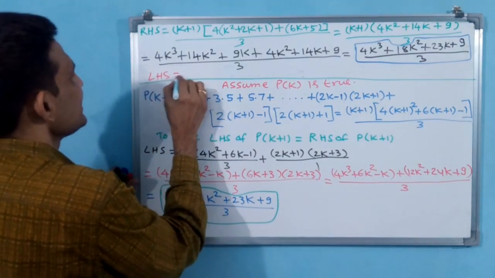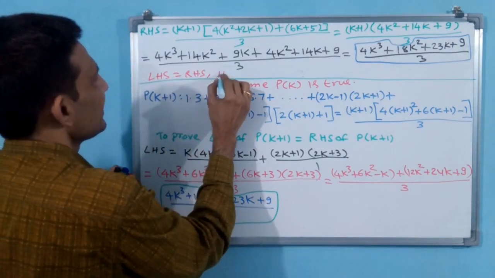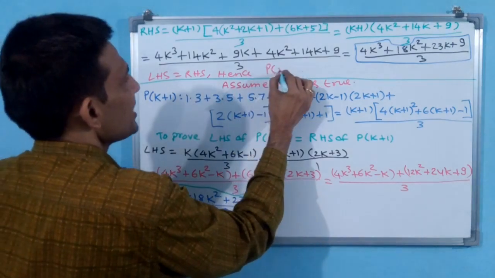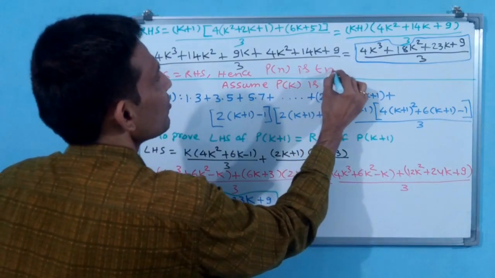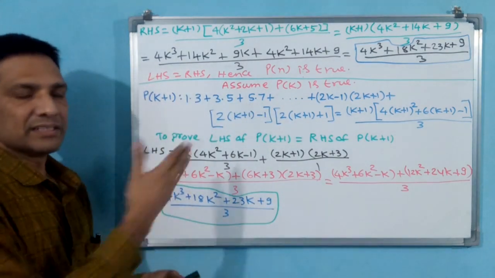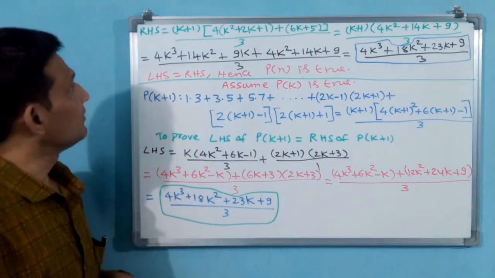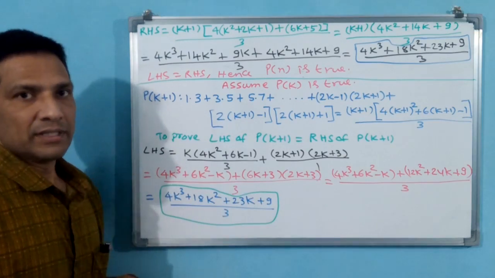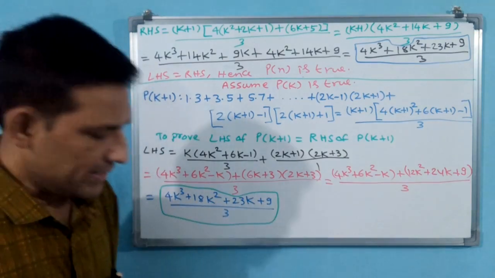Write down LHS is equal to RHS, comma, hence PN is true. We have verified the statement with principle of mathematical induction. This is the process of mathematical induction. Okay, you take this question, we will go for question number 8.